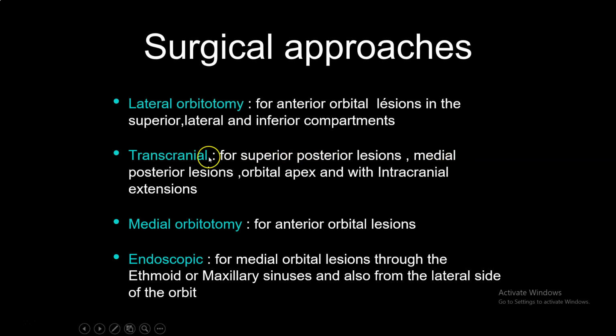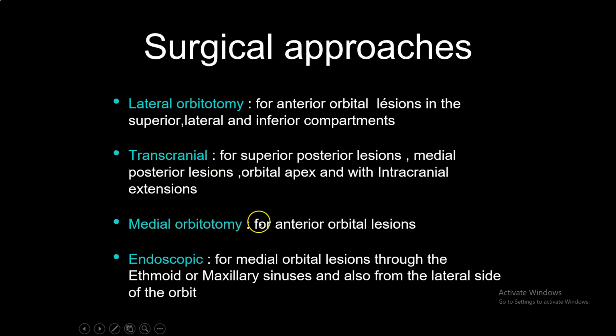If it is medial posterior, you can also reach it transcranially, as well as orbital apex and intracranial extension. So transcranial is good for posterior lesions if they are situated superiorly or medially. For orbital apex lesions and lesions with intracranial extension, of course, you can continue your exposure of the tumor inside the orbit and inside the cranial cavity.